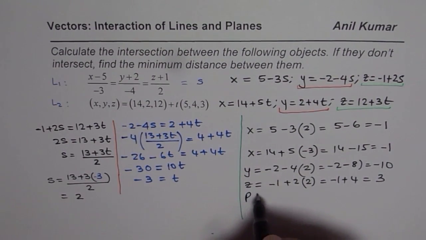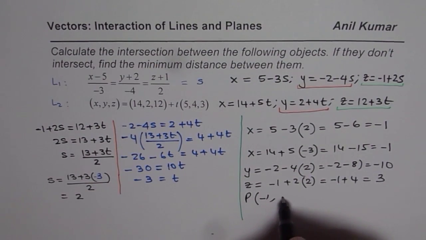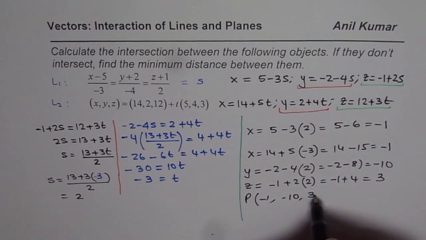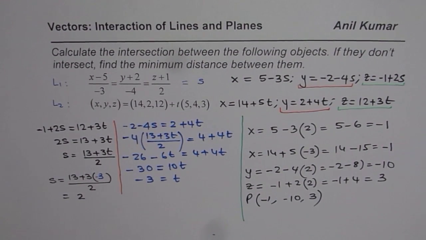Therefore the point of intersection is (minus 1, minus 10, 3). So that is how you can find the point of intersection when the lines are given to you. I hope that helps. Thank you and all the best.